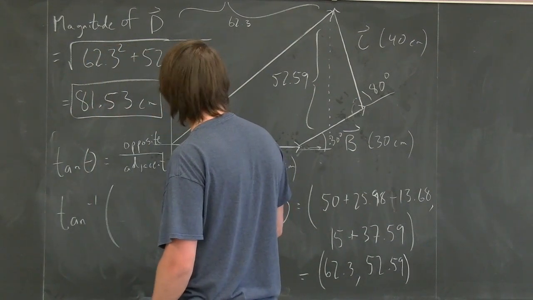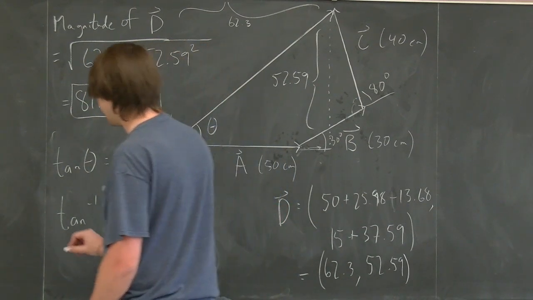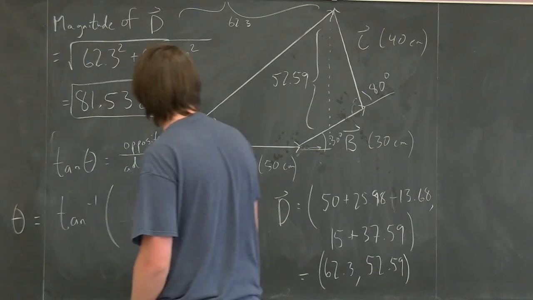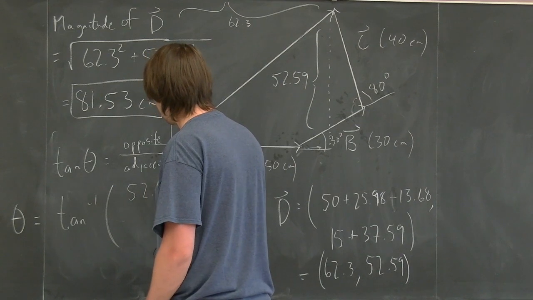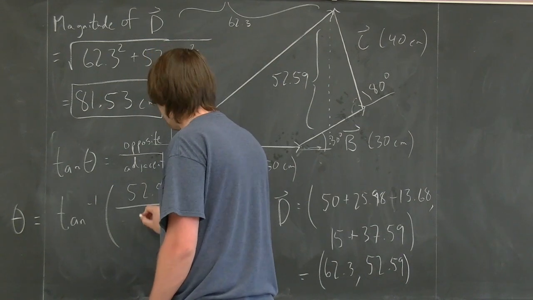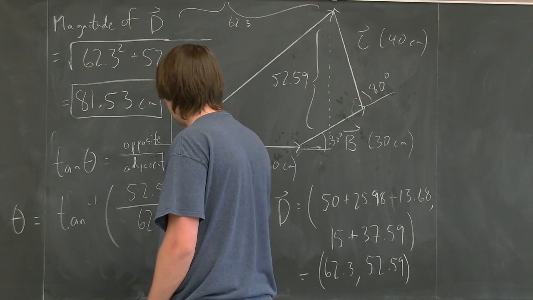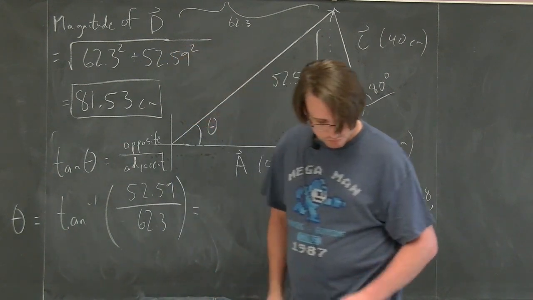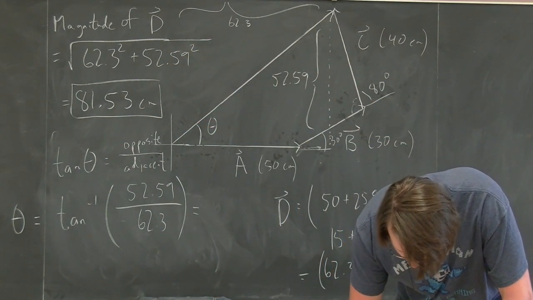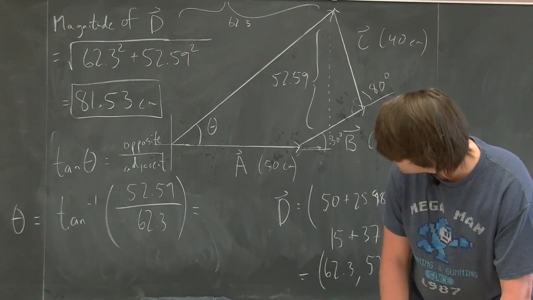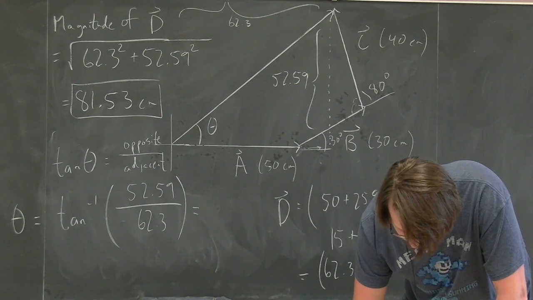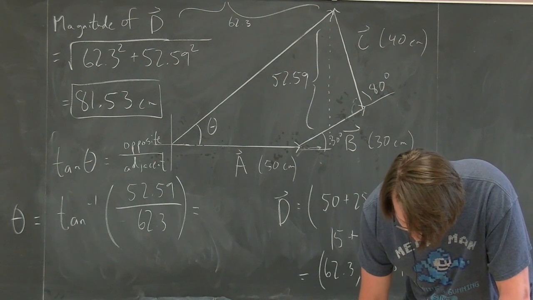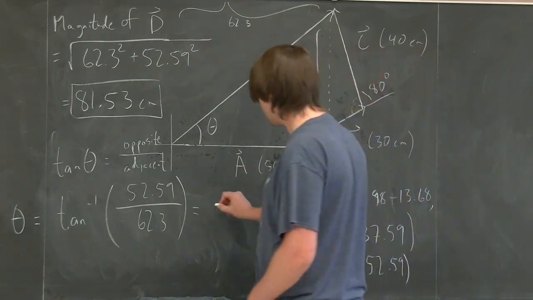So we have theta equals inverse tangent of 52.59 divided by 62.3. And that gives us 40.17 degrees.